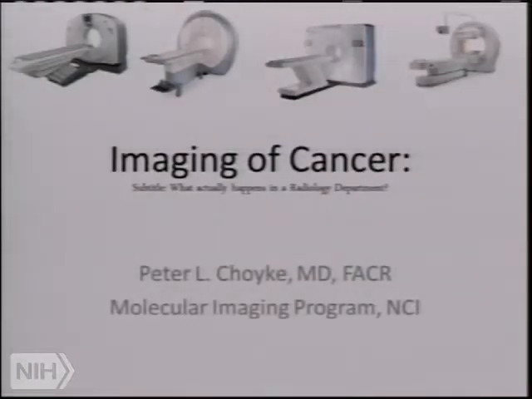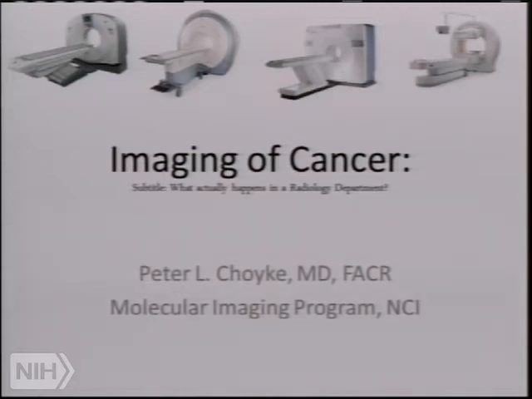So I'm a radiologist in the NCI, and I thought I would take this lecture, rather than try to cover all of imaging of cancer, to try to describe some of the imaging tools that we use in a radiology department so that you have a better understanding of what their capabilities are and what their limitations are.